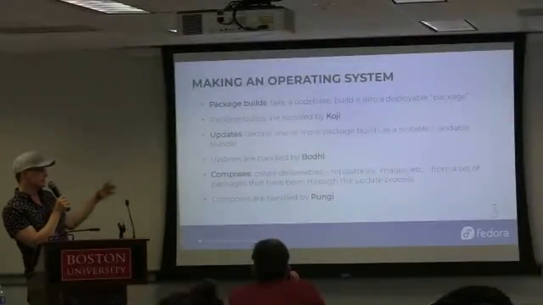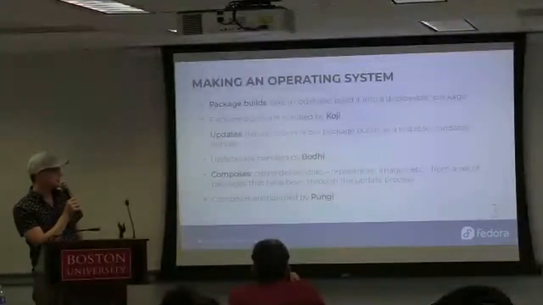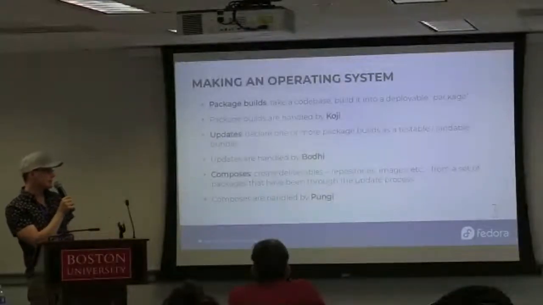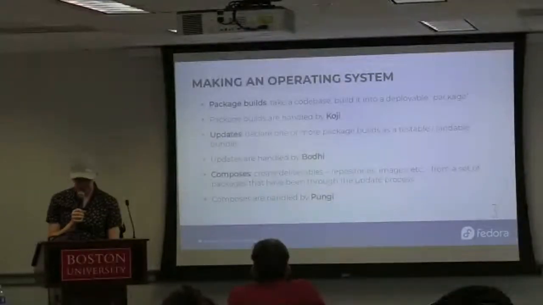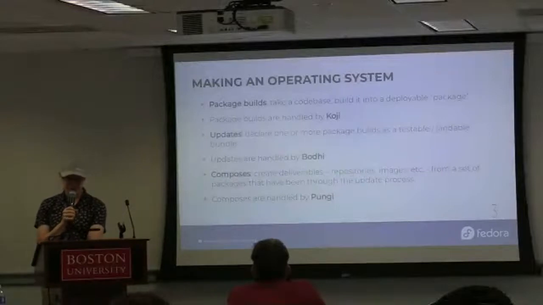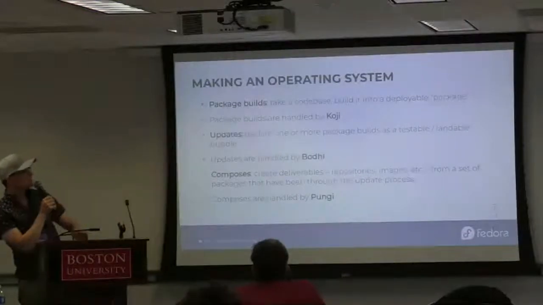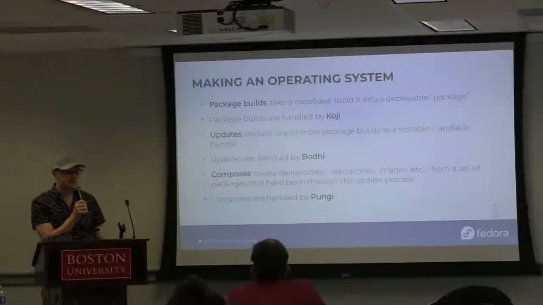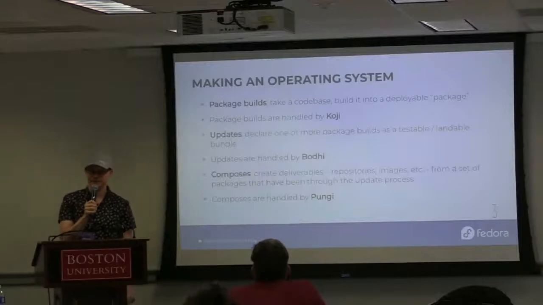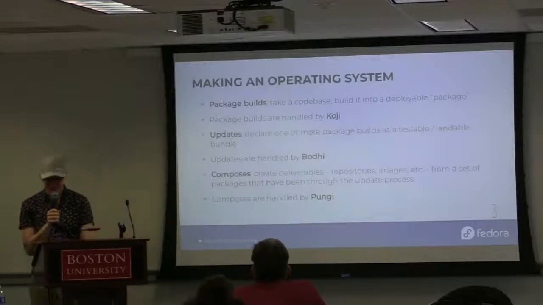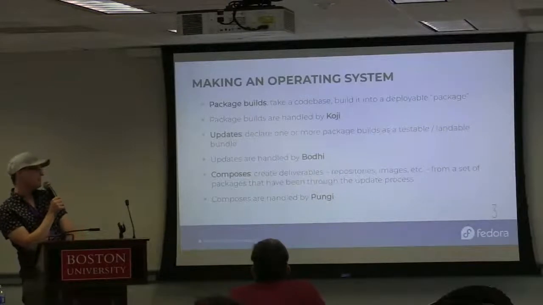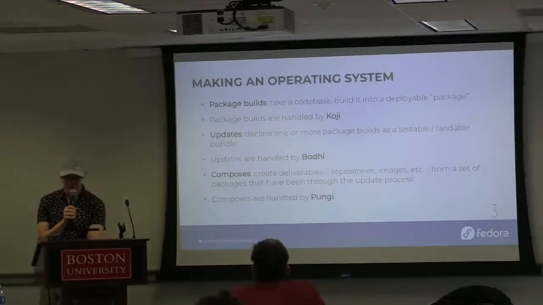The system making those is a compose process, and the tool that handles composes is called Pungi. These are all things we'll come back to later. Just brief notes there. The sources for the package builds these days are in source control. They're in a system similar to GitHub, kind of, which we're going to talk about later. And there are some differences between stable and development composes, but they're probably not too important.